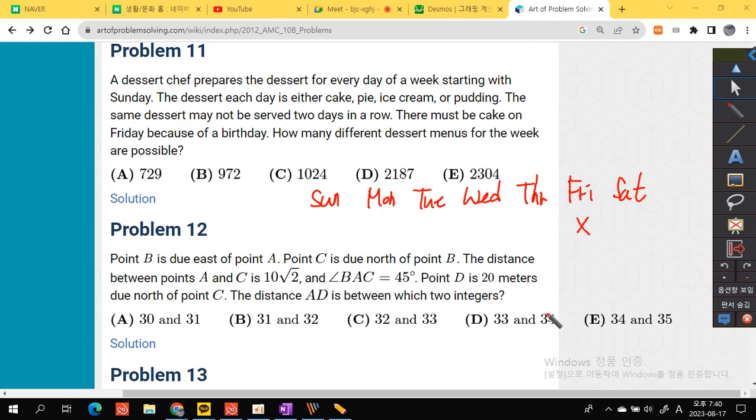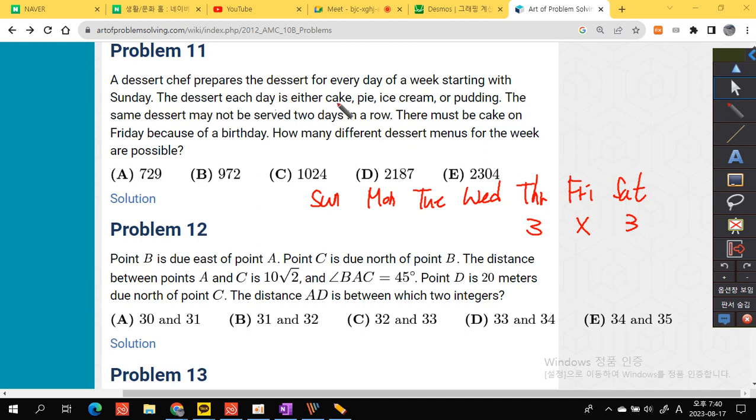Because the same dessert may not be served 2 days in a row, cake should not be served on Saturday and Thursday. So that means the number of choices is three.